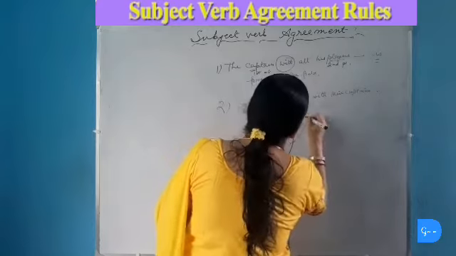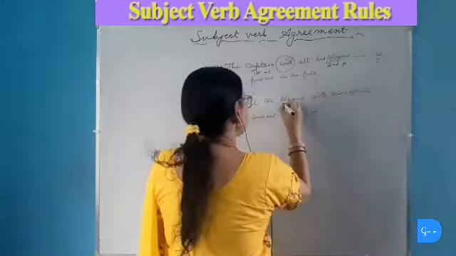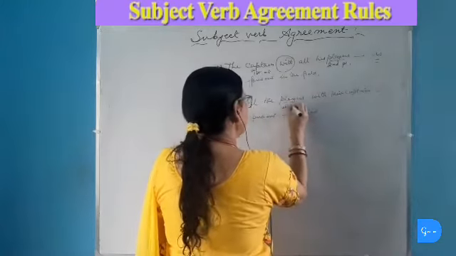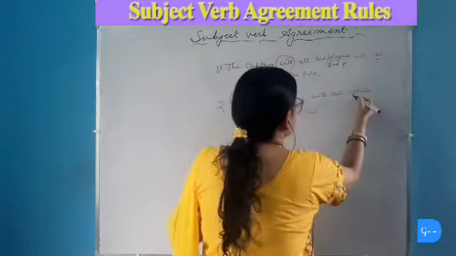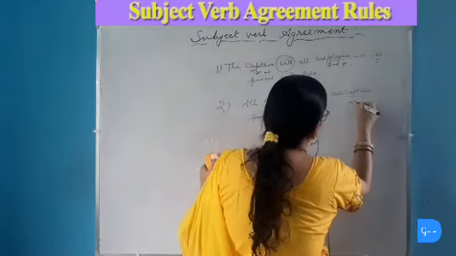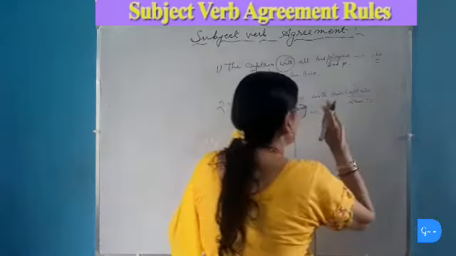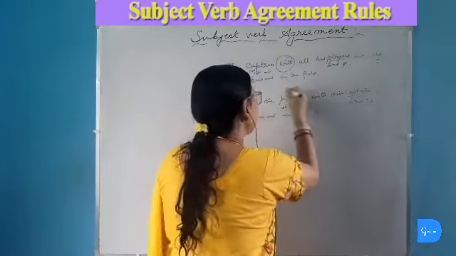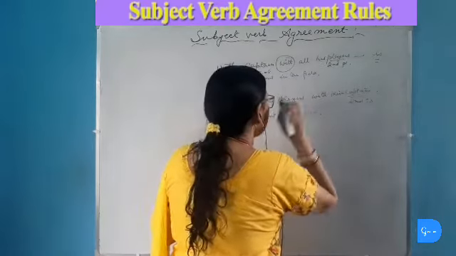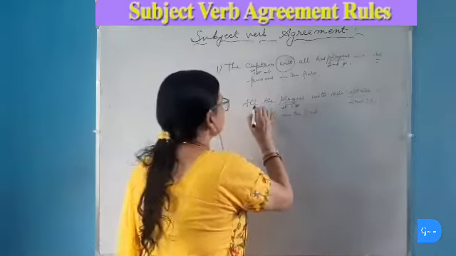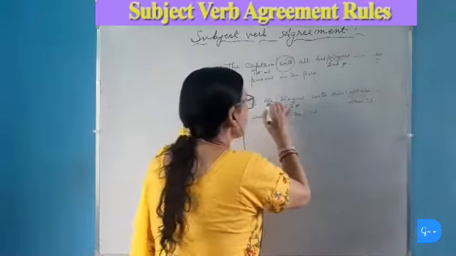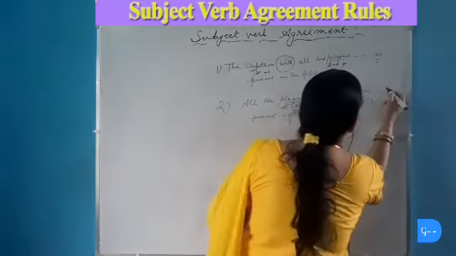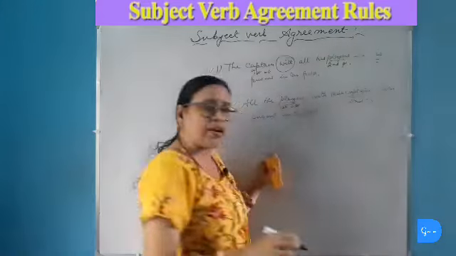Here the first subject is players, which is plural, and the second subject is captain, which is singular. So the verb will agree with the first subject, that is, the verb will be plural. So the sentence will be completed in this way: all the players with their captain are present in the field.